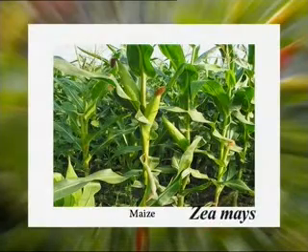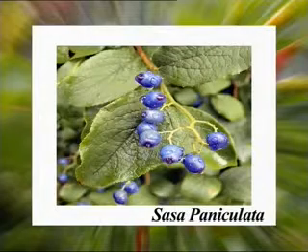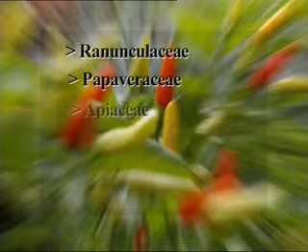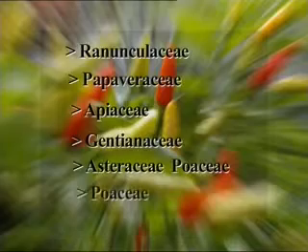In Zea mays, there are 20 antipodals, and in Sasa paniculata, there are as many as 300 antipodals. Multicellular antipodal complexes are found in the members of the Ranunculaceae, Papaveraceae, Apiaceae, Gentianaceae, Asteraceae, and Poaceae.